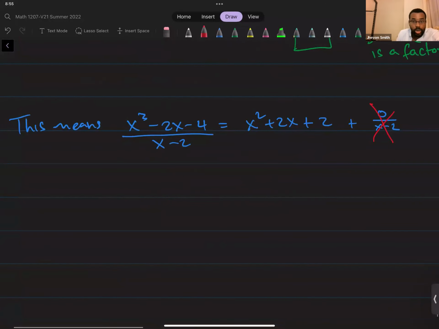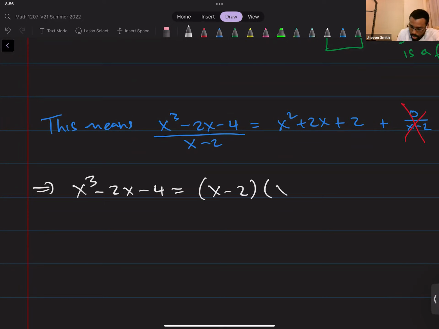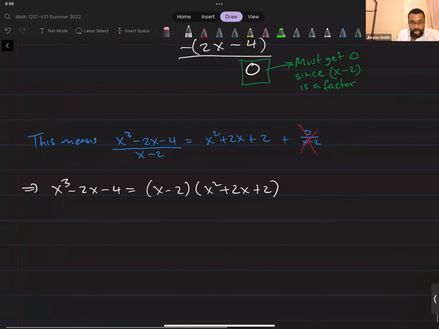And that actually tells you how to factor, because now if I multiply both sides by x minus 2, I get that my x cubed minus 2x minus 4 equals x minus 2 times the quotient. So that actually factors into that, right?